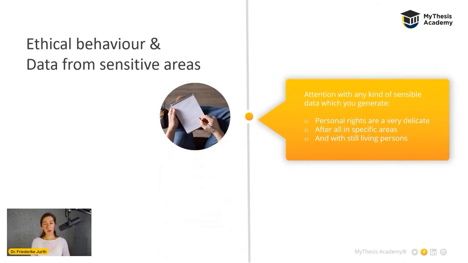Now we will get right to the core of ethical behavior and of the so-called sensitive areas, because if you are dealing with data from these areas, then you should pay double attention to the ethical and moral aspect and how to protect the related informants and research participants.